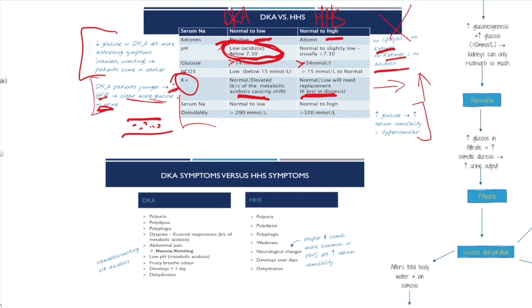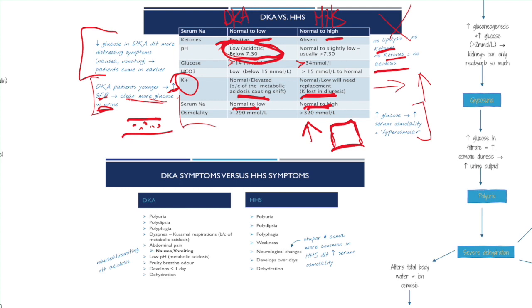Sodium is going to be relatively normal. There will be issues with sodium, but for your purposes, for this test, and even for NCLEX, I wouldn't worry too much about it. If you have to think it through, you can. In HHS, you have this hyperosmolality. You have a decrease in fluids, right? So your sodium will be high, but it's that kind of high sodium that comes with low fluid.